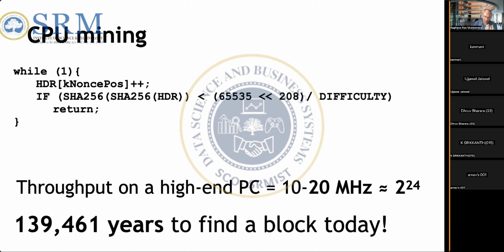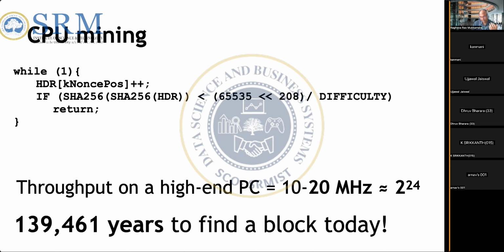Even if you produce a block in 10 minutes, it is probabilistic in nature, so you are not guaranteed acceptance. If you are competing with other miners and there are 2 blocks, you have a 50% probability that your block will be accepted. But with a computer or a big server, it takes 140,000 years, so it is completely impractical to use CPUs for Bitcoin mining.